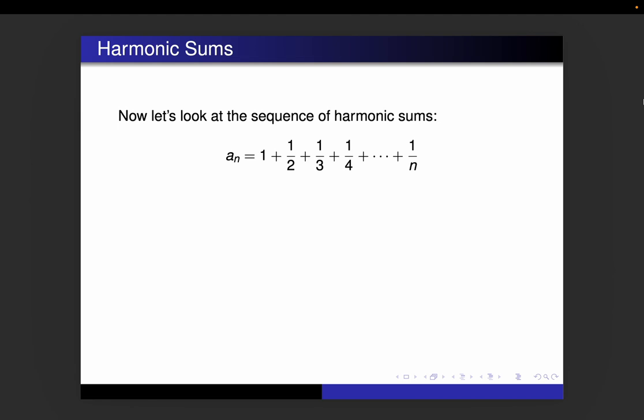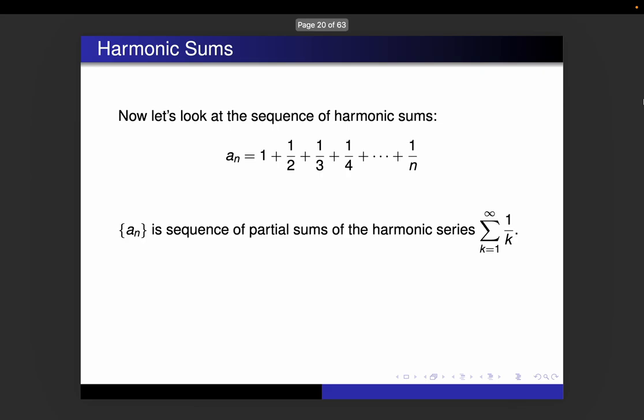So just to remind you, the sequence of harmonic sums, we have 1 + 1/2 + 1/3 + 1/4, etc., all the way out to 1/n. And just to put this in a little bit of context for you, back in Calculus 2, if you're thinking about it in those terms, this is the sequence of partial sums of the harmonic series, the sum of 1/k.